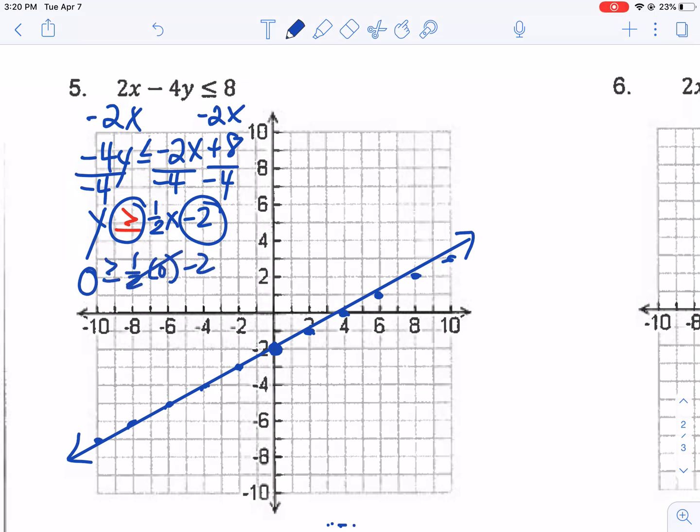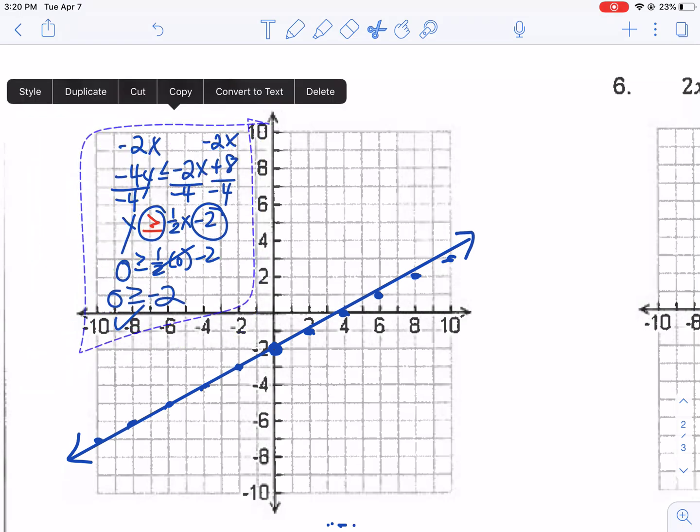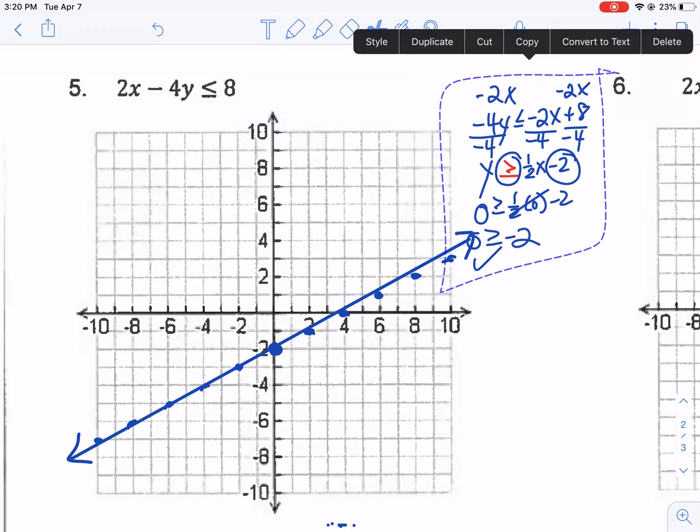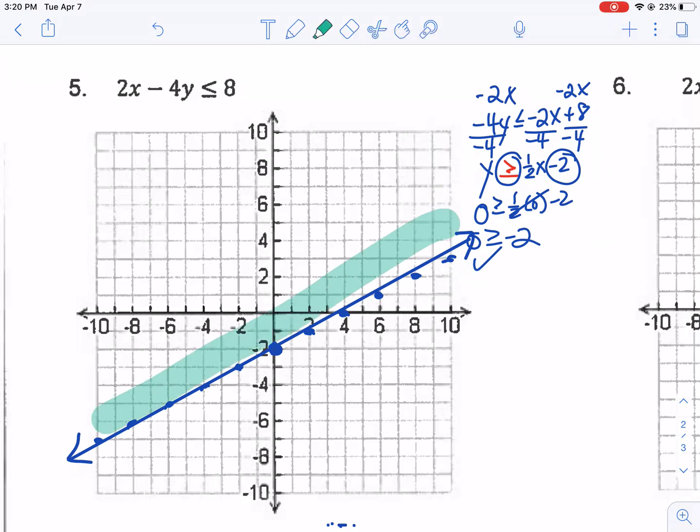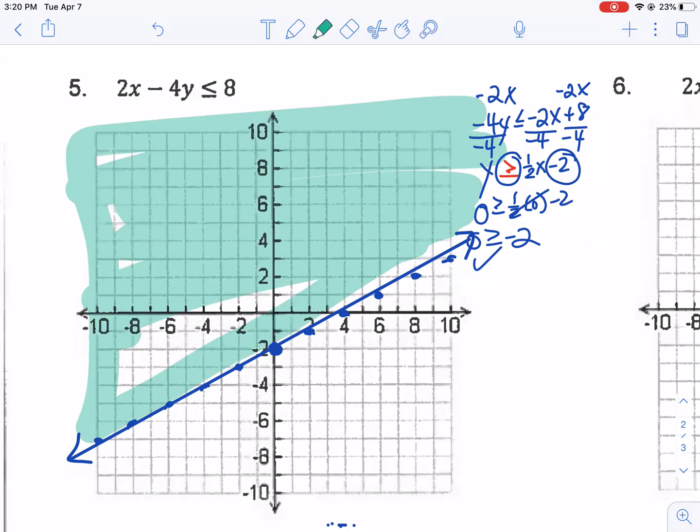That goes away. 0 is greater than or equal to negative 2. It is a true statement, which means our shading goes above the line and includes that point 0, 0.